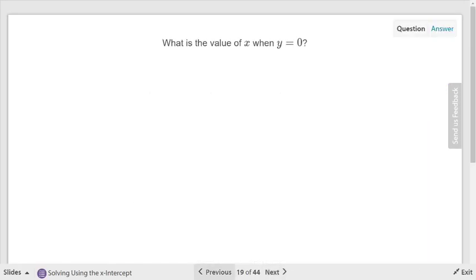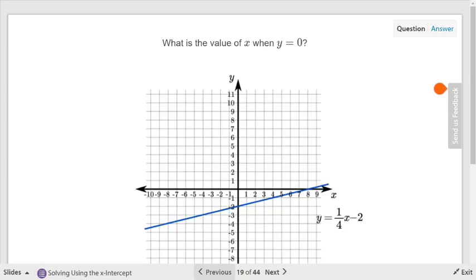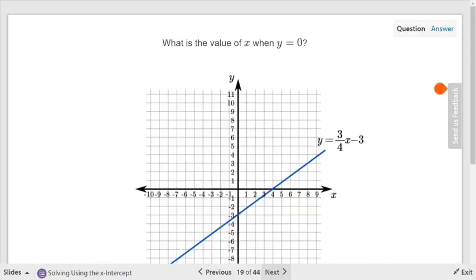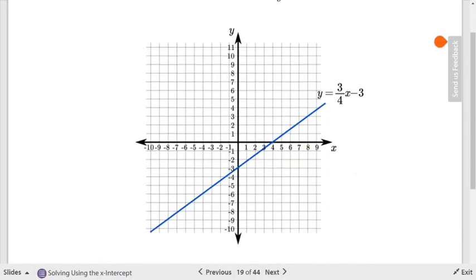There we go. It's positive 4 because if y equals 0, that's the x-intercept, right? Which is right there. And that's why it's positive 4. Okay? All right. Good deal.